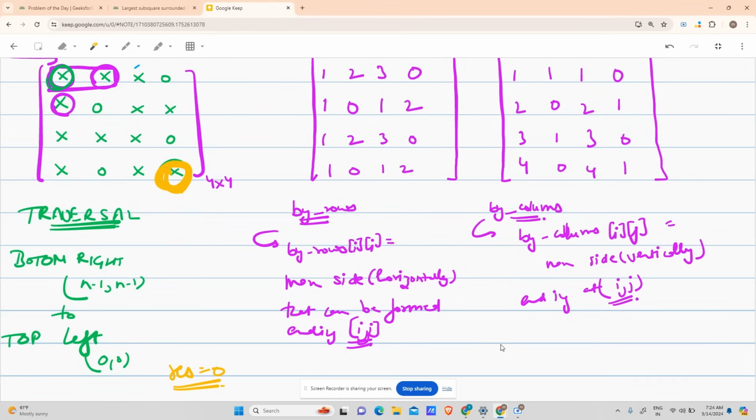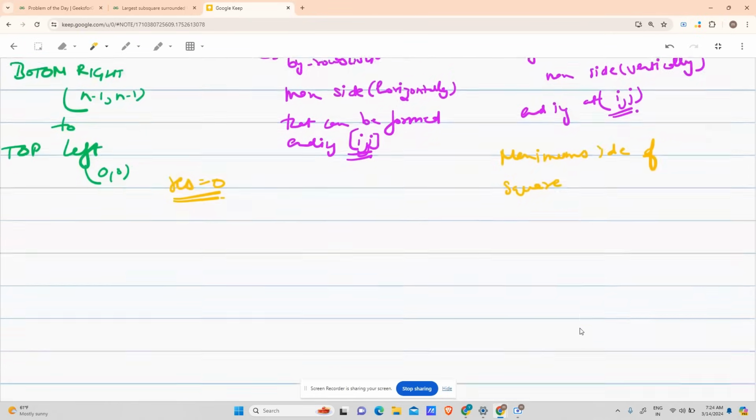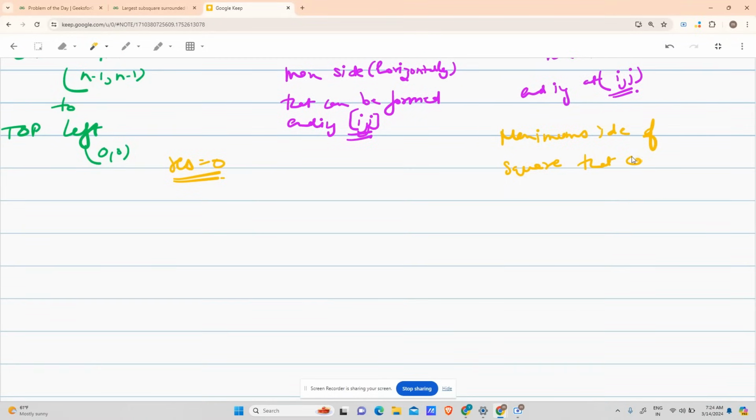Okay, what I'm saying is the maximum side of square that can be formed using the ij that we are still at as bottom right corner, right?